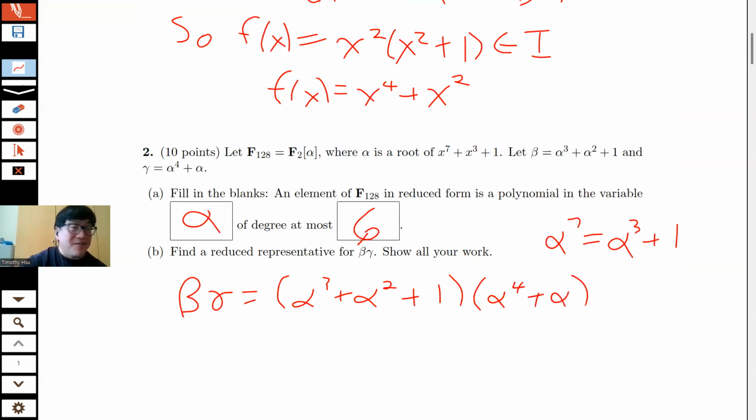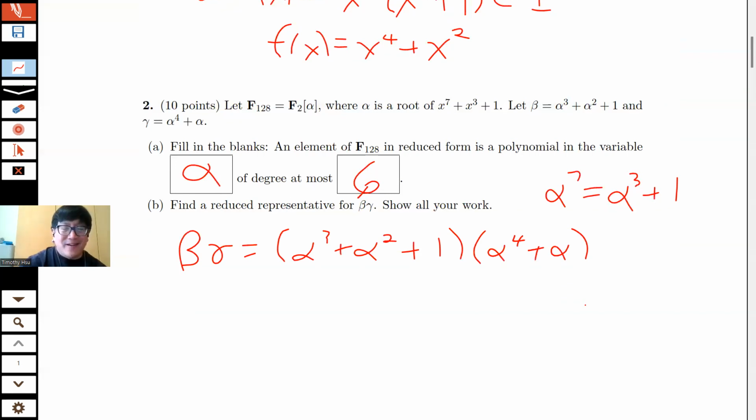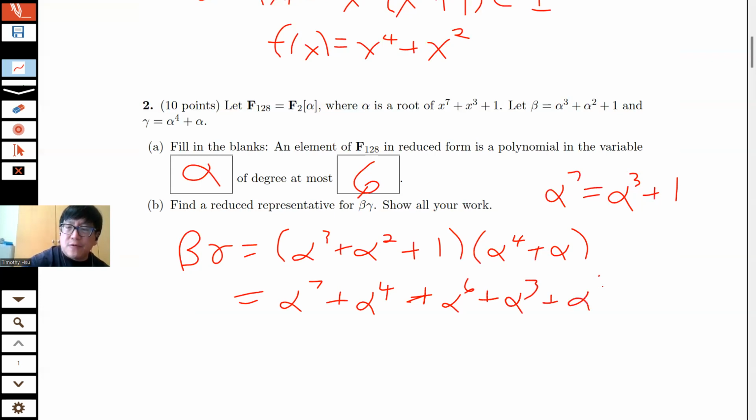Anyway, so first of all, multiplying that out, we get alpha to the 7th plus alpha to the 4th plus alpha to the 6th plus alpha cubed plus alpha to the 4th plus alpha. And so those things cancel out.